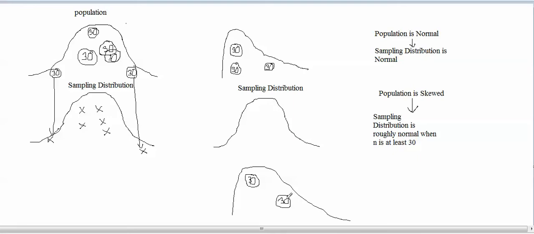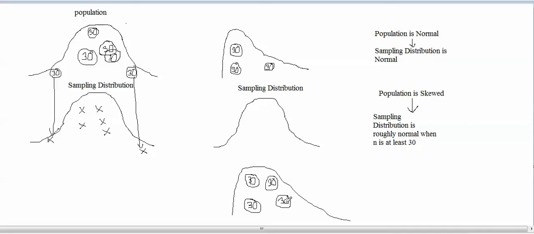Here's a possible sample of 30 people. Here's another possible sample. Here's another possible sample of 30 people. So these are all of the possible samples of 30 people that might be chosen when we're selecting 30 people. We might get this group, we might get this group, we might get this one. Each one is possible. And every possible sample of 30 people that could be chosen has its own sample mean.